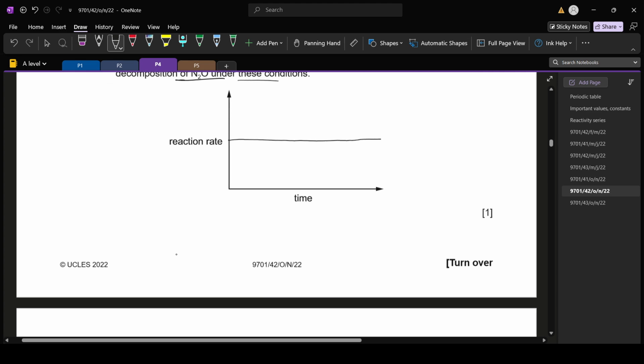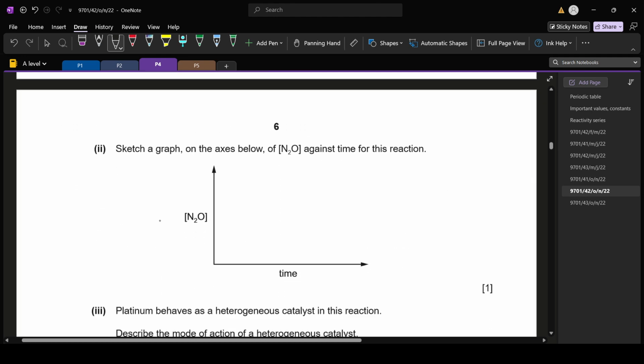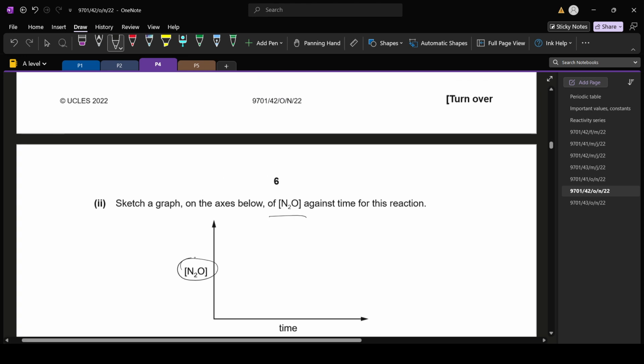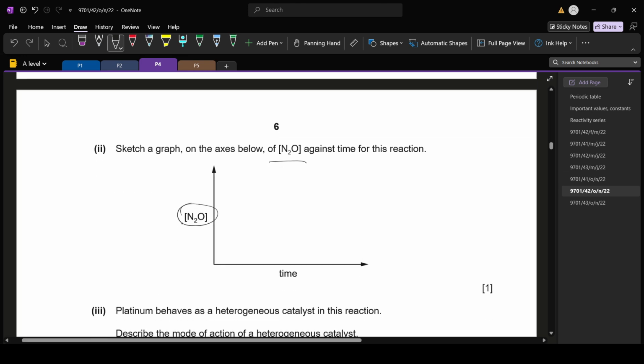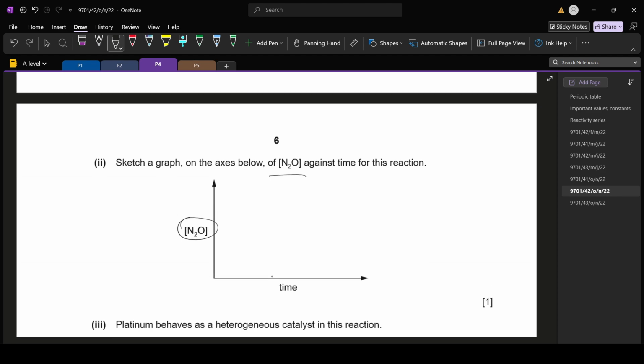Now moving towards the next part. Sketch a graph on the axis below of concentration of nitrous oxide against time for this reaction. So for this reaction, you are told how the graph will look if the concentration of nitrous oxide is drawn against time.